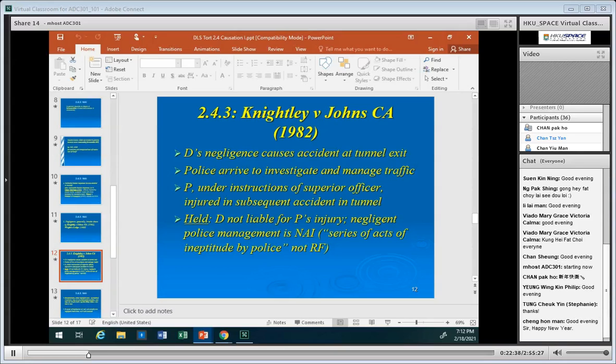The driver was negligent when she tried to restart the car without first removing the car from the roadway. So then a lorry collided with the stalled car, and then several other vehicles collided with the lorry, resulting in injury and death. So you've got a chain reaction here. It was found by the court that the driver of the lorry drove the vehicle recklessly, and the actions of the lorry driver were not reasonably foreseeable.